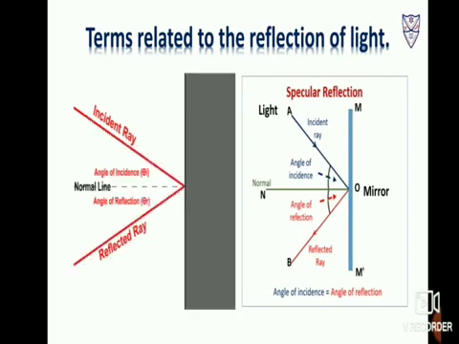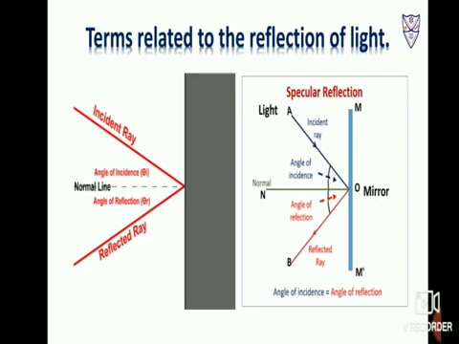Normal means the line that is drawn at a right angle to the mirror surface at the point of incidence. ON is the normal to the mirror surface, that is M M complement, at the point of incidence, that is O.